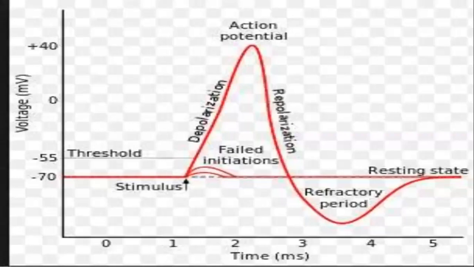You see in this picture, minus 70 millivolt is the resting membrane potential. Then you have applied a stimulus which was not threshold. So with a subthreshold stimulus, there was a change in the membrane voltage, but this was not enough to generate an action potential. Then you applied a threshold current. So the firing level was reached at minus 55.